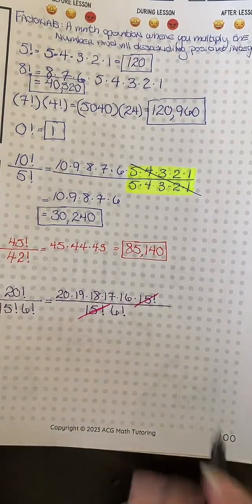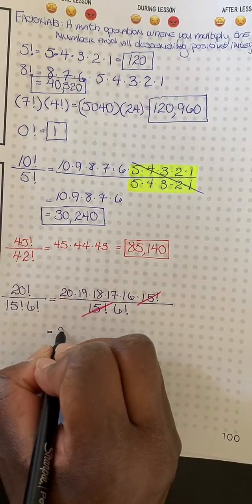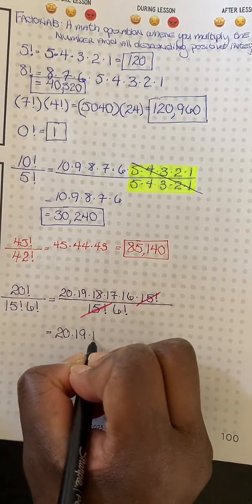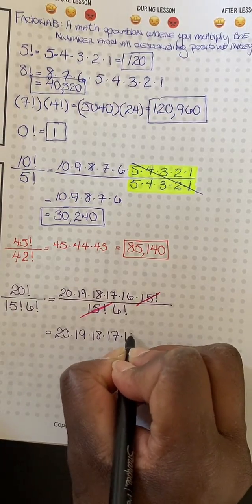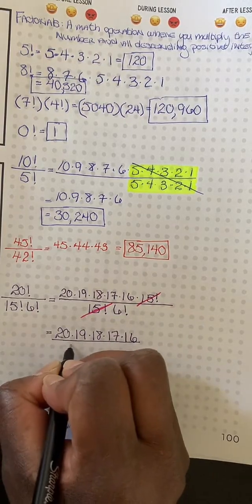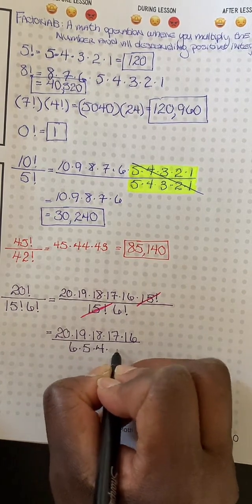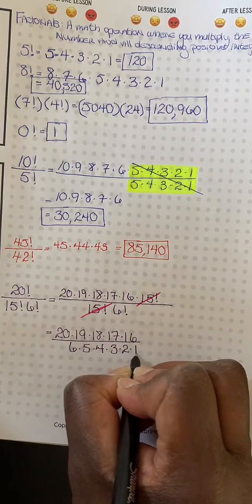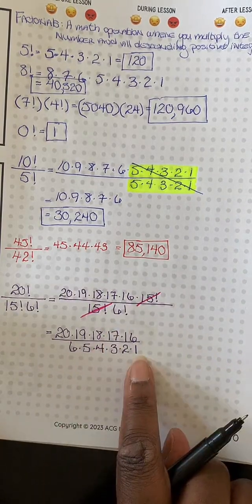So we have our 20 times 19 times 18 times 17 times 16 over 6 times 5 times 4 times 3 times 2 times 1, because that is what 6 factorial is.